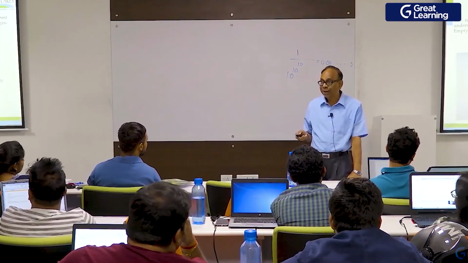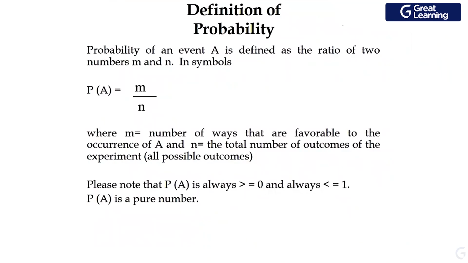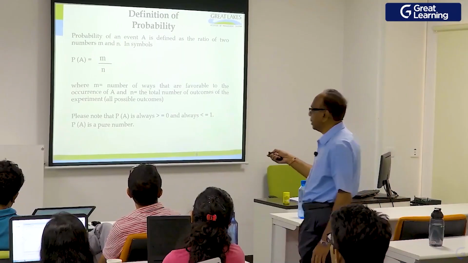Now, therefore, probability is a ratio between 2 numbers, m upon n, where m is the number of ways that are favorable to the occurrence of A, and n is the total number of possible outcomes. Such a ratio is called the probability of an event. So A is an event.